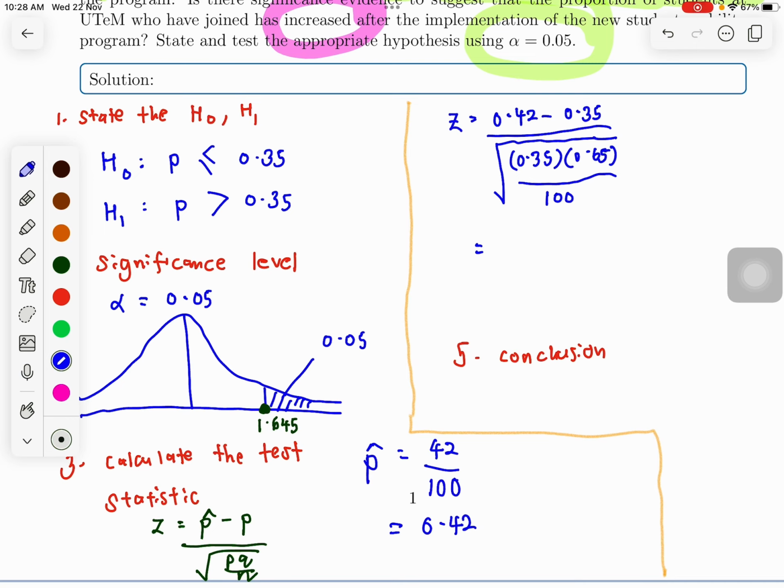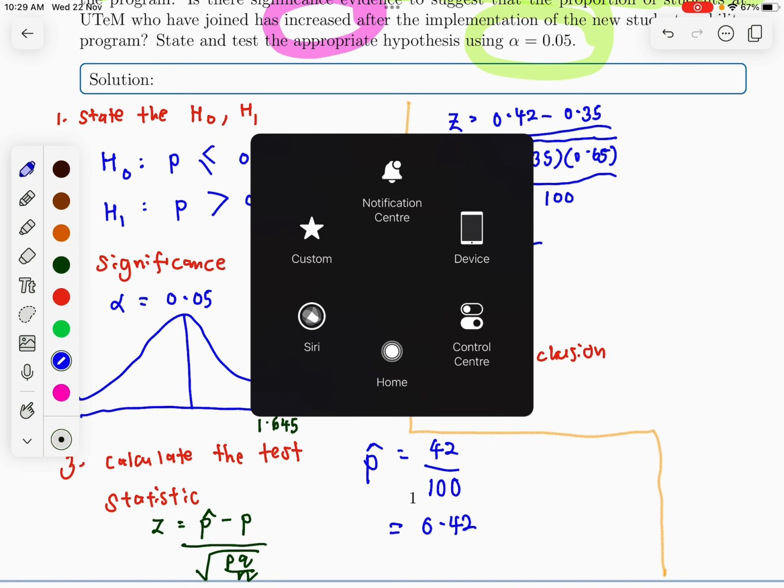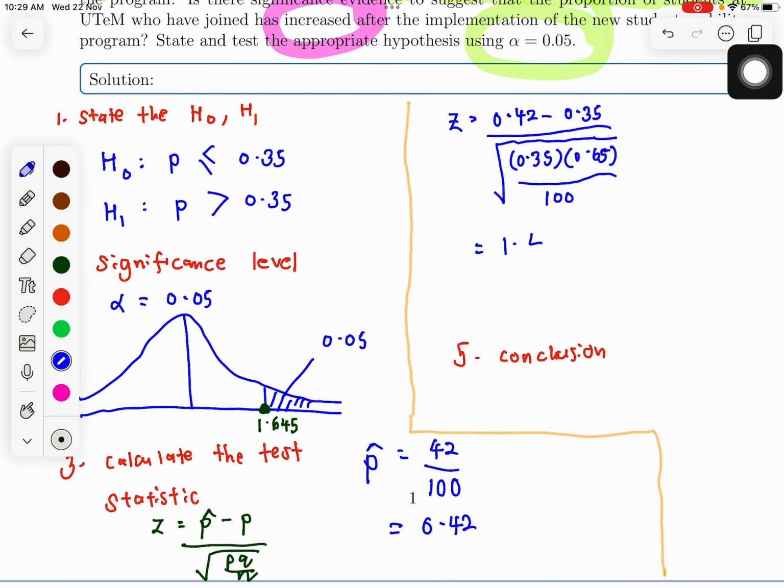Okay, error, why? Okay, sorry. Okay, what do you get for the answer? My answer is 1.4676. Okay, that's your test statistic for this problem.